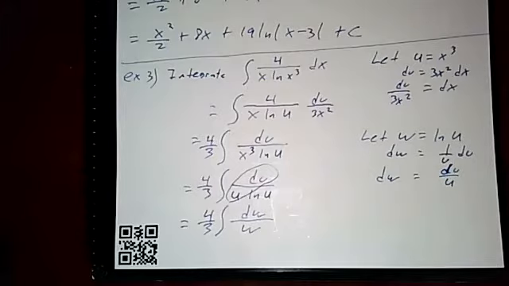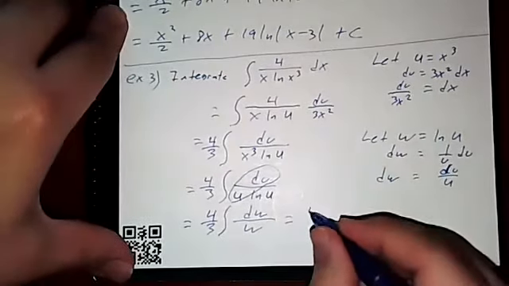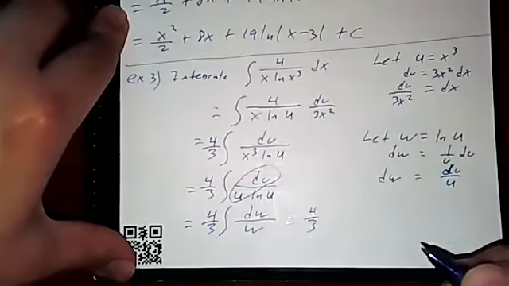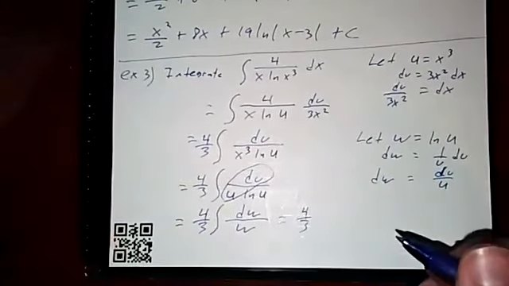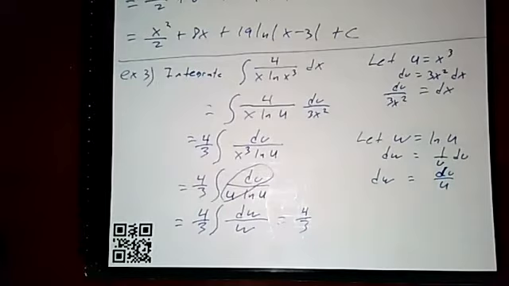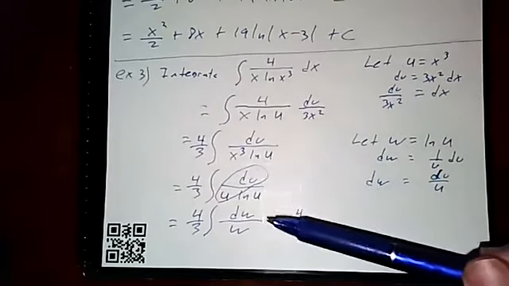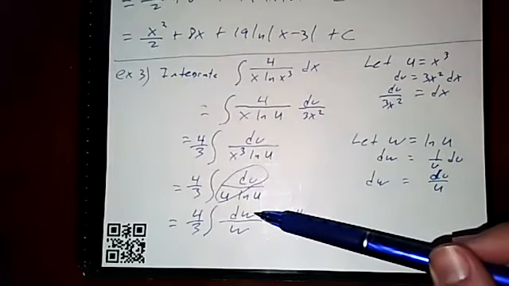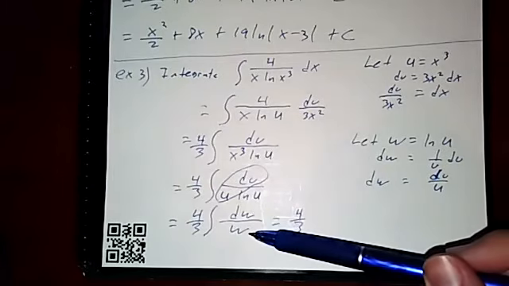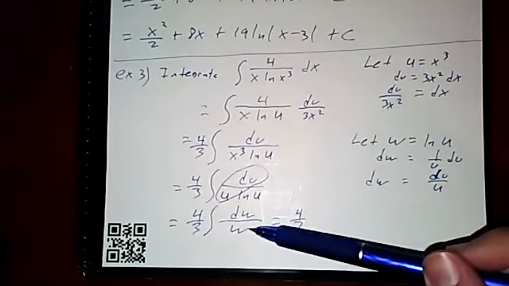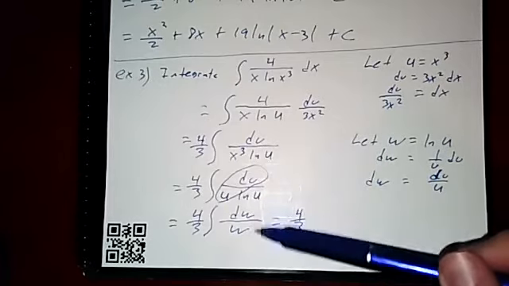Yep. What is this integral? Is it negative tangent? Well, hold on. Remember, we're in the ln section, right? So dw over w, like dx over x. What was the integral? The same thing, right?